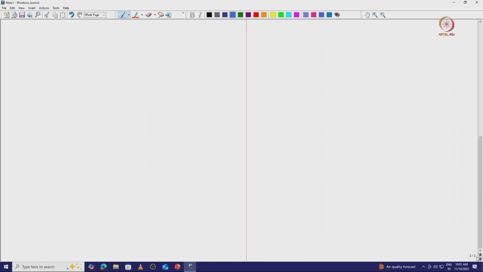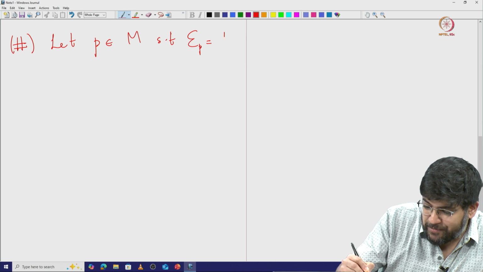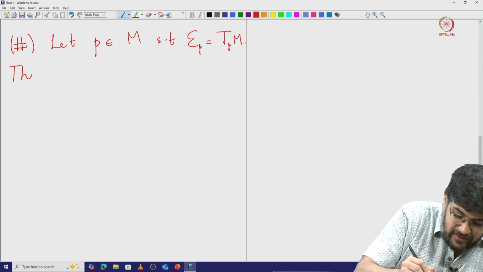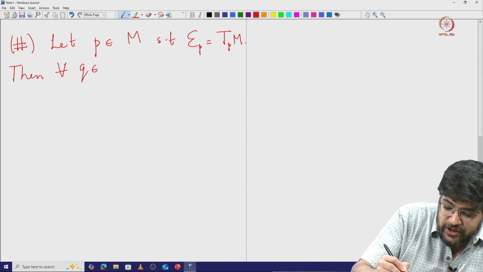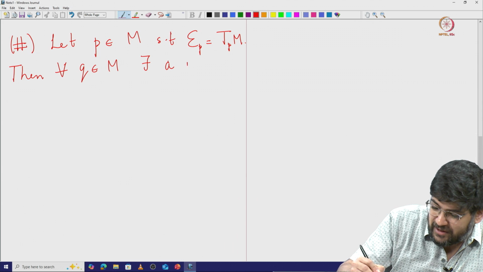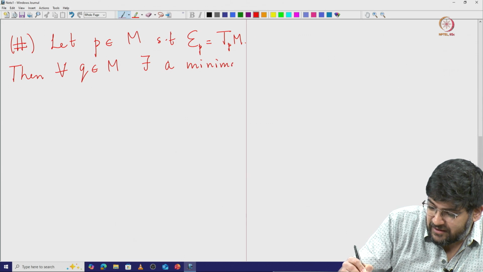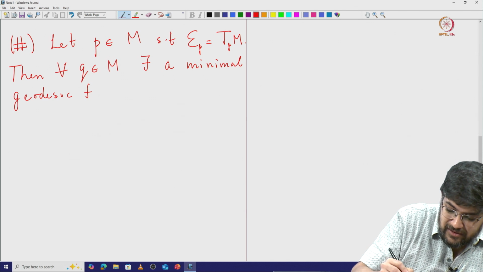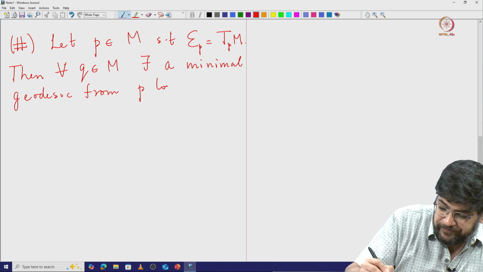Okay, so let me now remind you of what this property hashtag was. Let p be a point in M such that the domain of the exponential map is the entire tangent space. Then for all other points q in M, there exists a minimal geodesic from p to q.